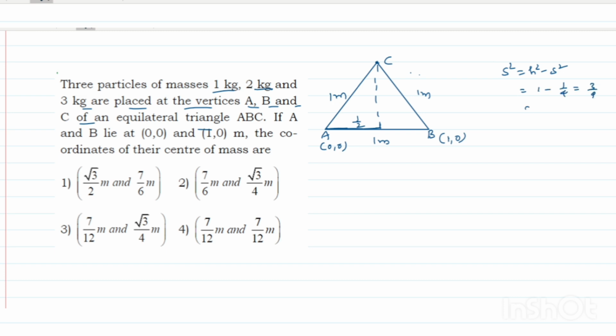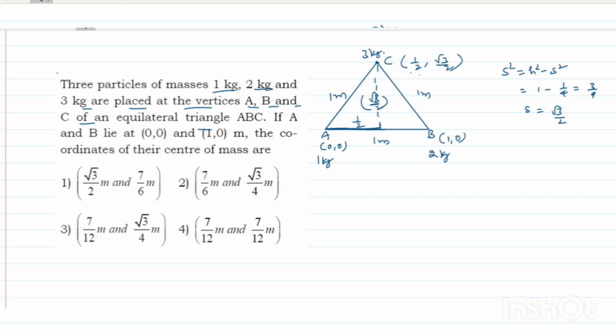So the other side is root 3 by 2. So the coordinates of C are 1 by 2 and root 3 by 2. The mass at A is 1 kg, B is 2 kg, and C is 3 kg.